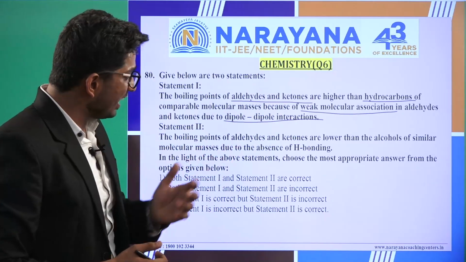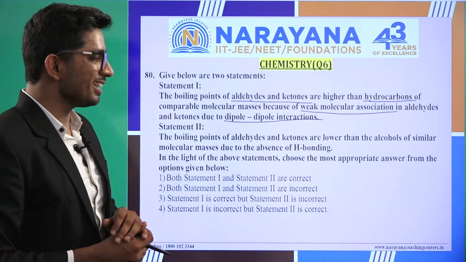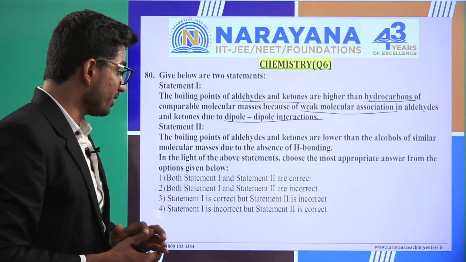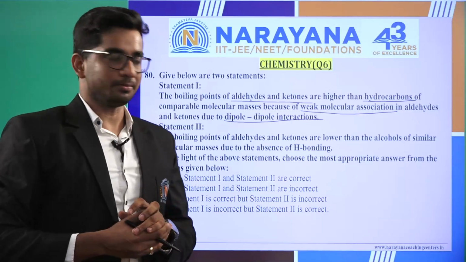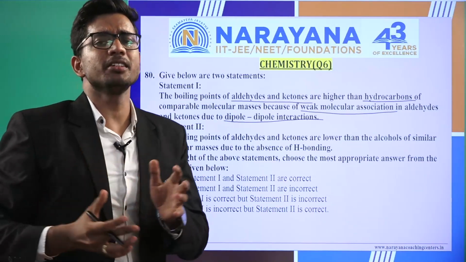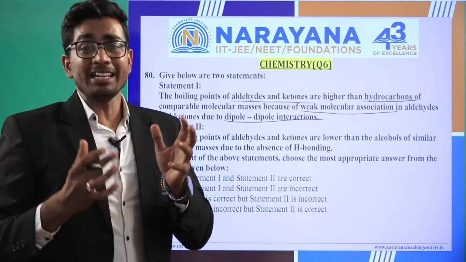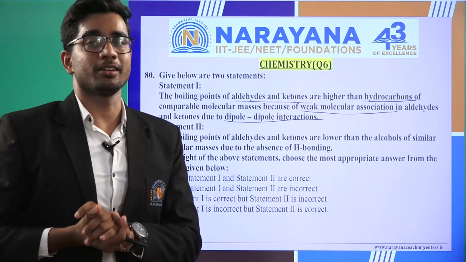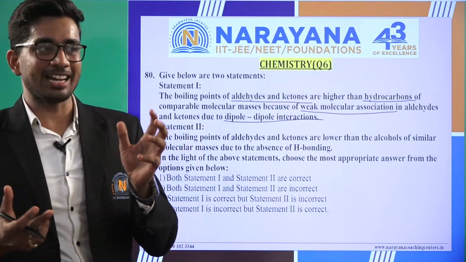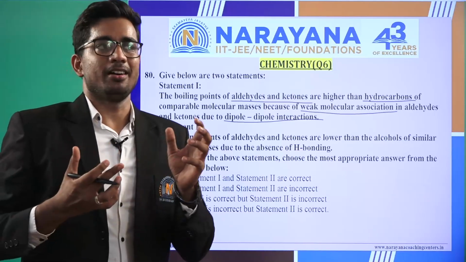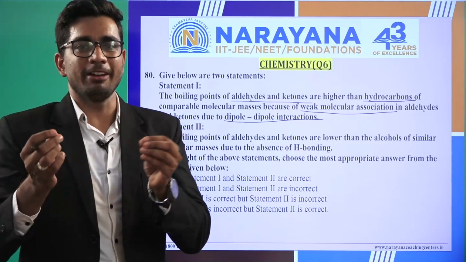The boiling points of aldehydes and ketones are lower than the alcohols of similar molecular masses due to absence of H-bonding. So we know that when we compare the boiling points, we take compounds of similar molecular masses, and it is same as, if you see some wrestling competition, you see that the weight category is there.